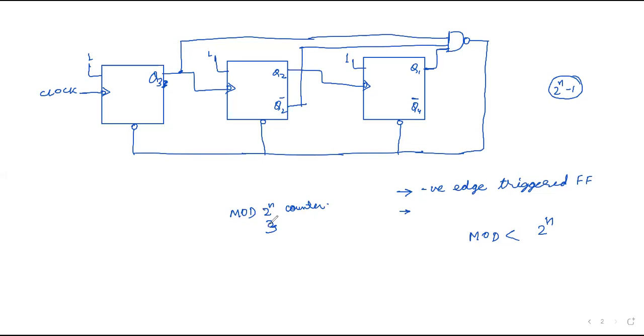ओके, तो अगर यहाँ पर 3 फ्लिप फ्लॉप है तो बेस्ड अपॉन दिस 3 फ्लिप फ्लॉप वी हैव 2 to the power n, मतलब 2 to the power 3 कितना हो गया? 8. मतलब हमें मोड 8 काउंटर मिलता. मोड 8 काउंटर कब मिलता? जब ये डिकोडर पार्ट यहाँ पर नहीं होता, ये जो NAND लगा है ना, ये नहीं होता तो मोड 8 जो काउंटर होगा उसमें काउंटिंग कहां से कहां तक होगा? 0 to 7 तक, है ना. इतना काउंटिंग.